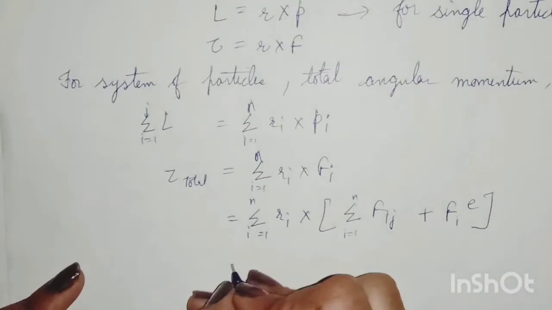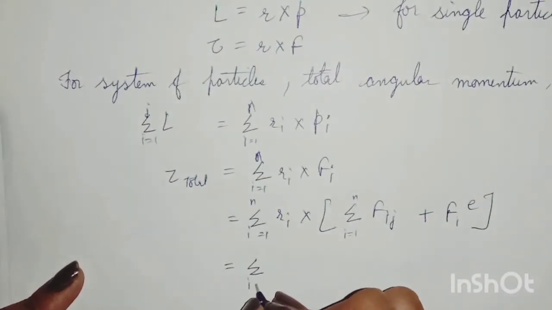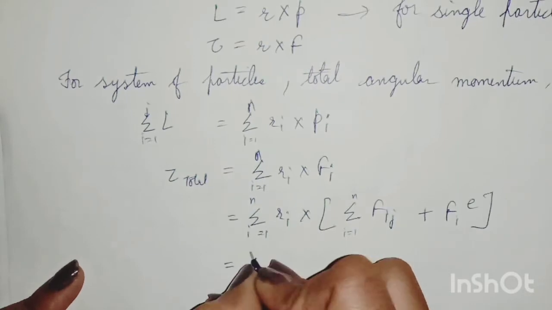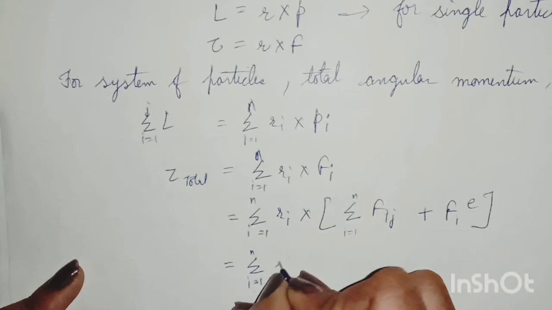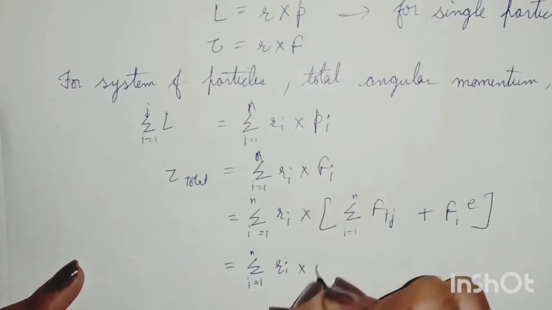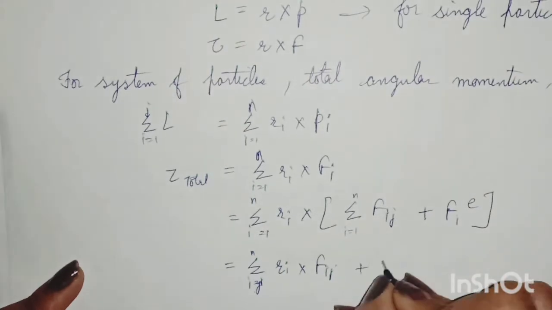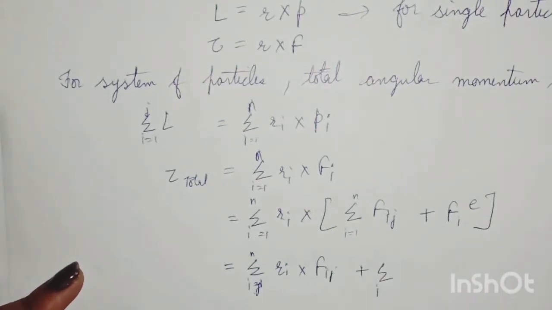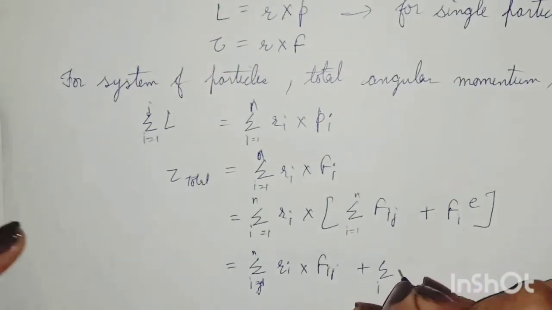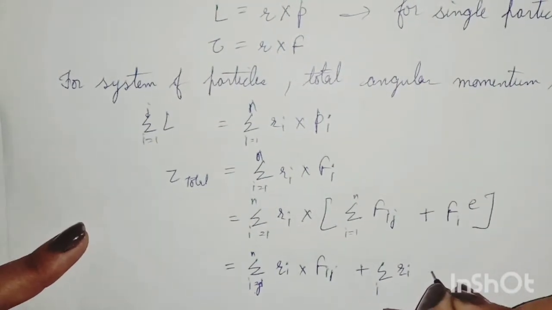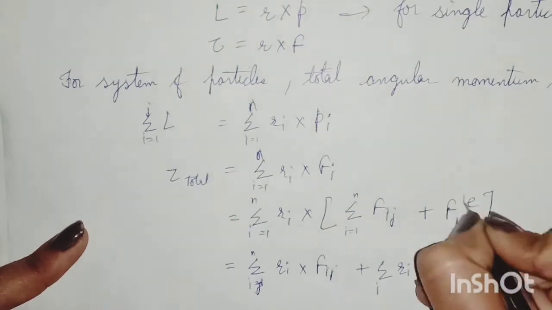So we open this bracket, we can write summation i equals 1 to n ri cross Fij plus summation i equals 1 to n ri cross Fi external.